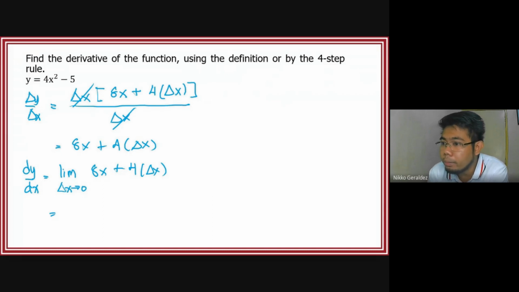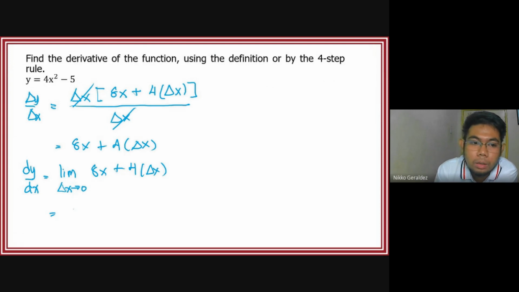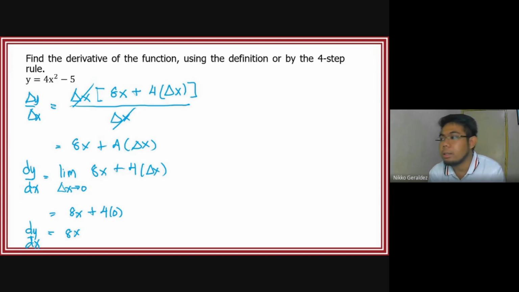Then evaluate the right side: 8x plus 4 times 0. So the derivative of y with respect to x is equal to 8x. So you have gotten the derivative. That is the 4-step process. Any questions?